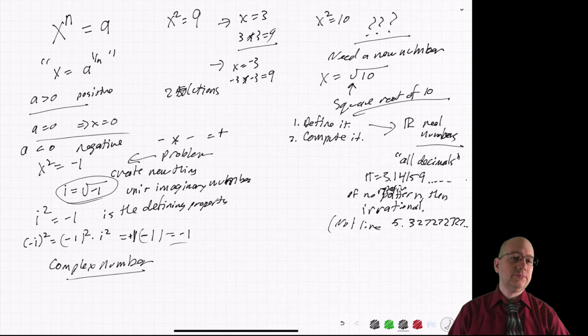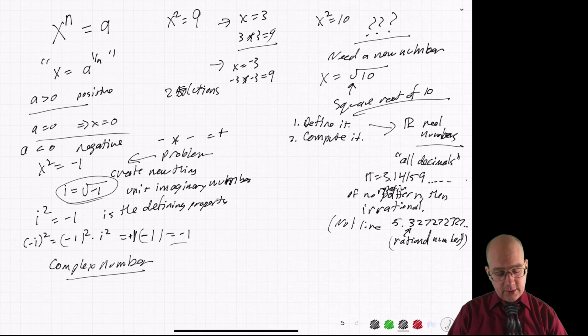So that's a rational number. It repeats forever. And we can compute that out, what kind of fraction that's related to. But if it doesn't repeat like that, then that's an irrational number. And we put all of them together as the real numbers.